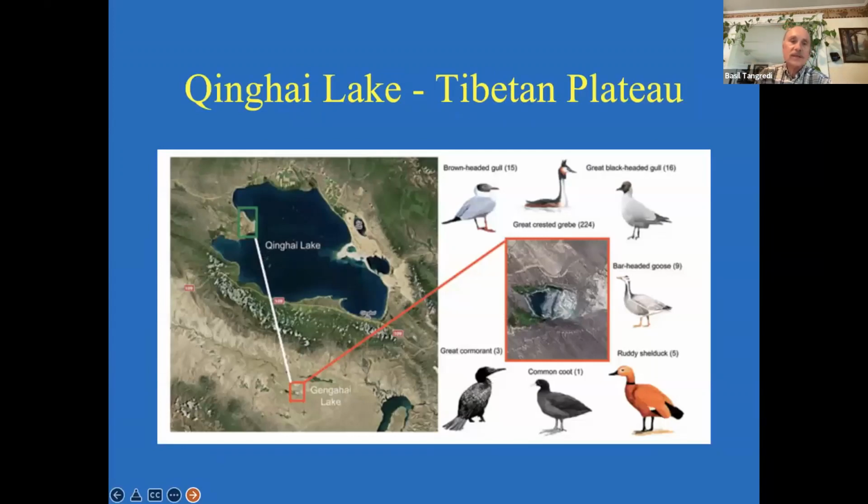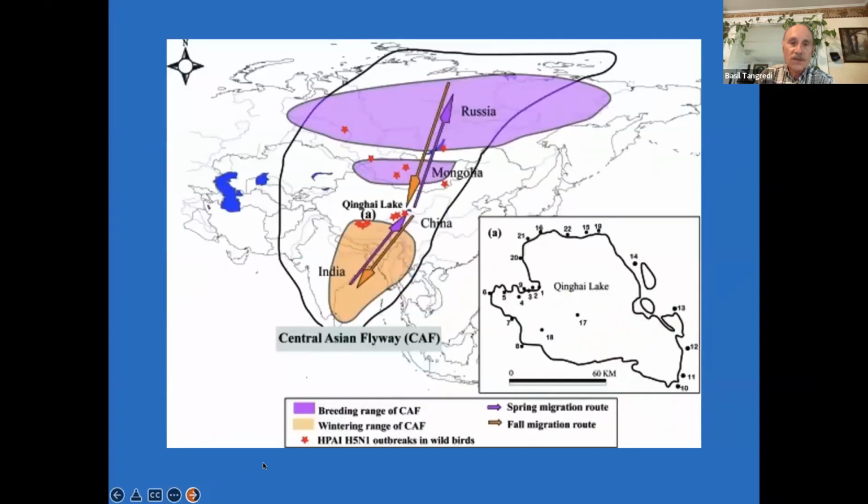Qinghai Lake in the Tibetan Plateau is a very key focal point for virus evolution. This is a major stopover point of migrating birds. And here's a few of the cast of characters that come through this lake. And they come through this lake by the hundreds of thousands. Here is the Central Asian flyway from India through Mongolia and then a breeding area up here in Russia.